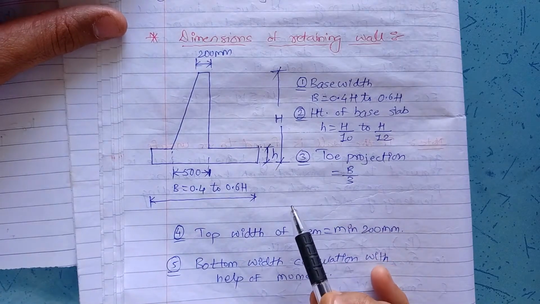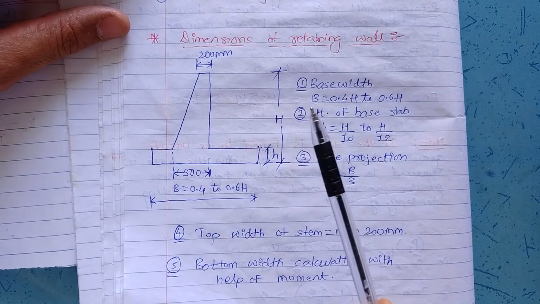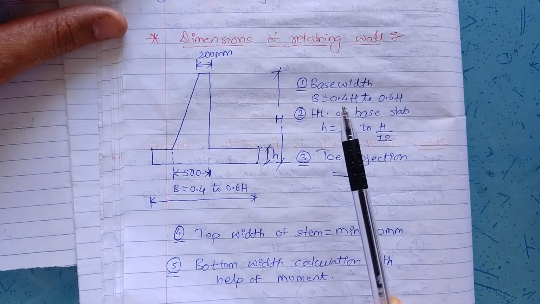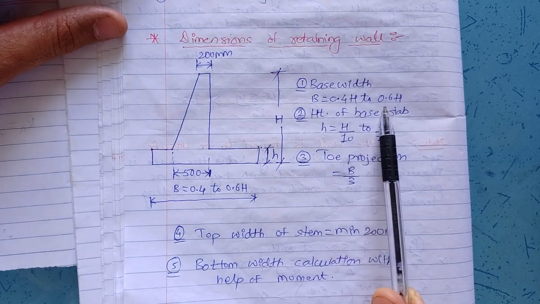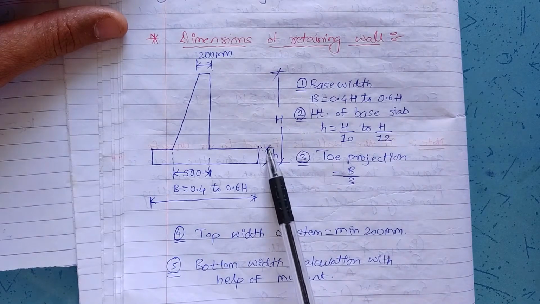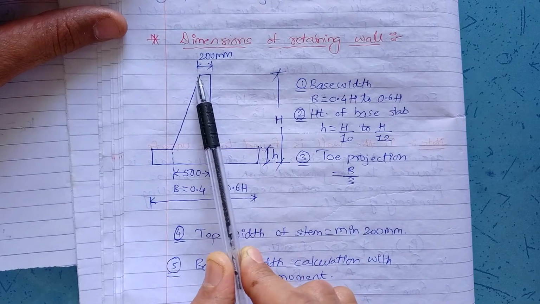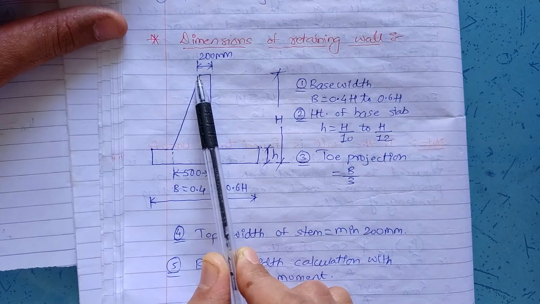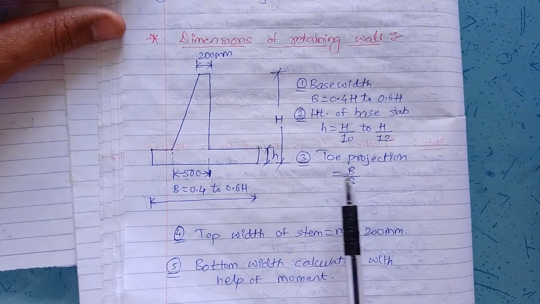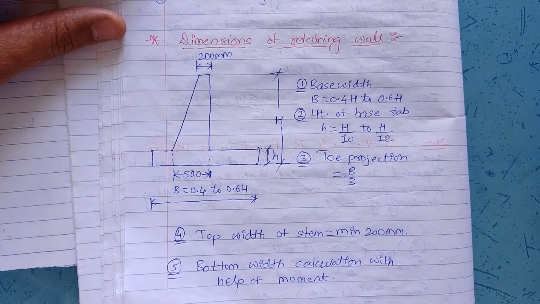These were some assumptions that are supposed to be made while finalizing the dimensions of the retaining wall. B is assumed to be 0.4 to 0.6 h. The thickness of the base slab will be h by 10 to h by 12. Width of the stem at the top will be minimum 200 mm in the worst case. And toe projection will be b by 3. In this way we are supposed to finalize the dimensions of the retaining wall.